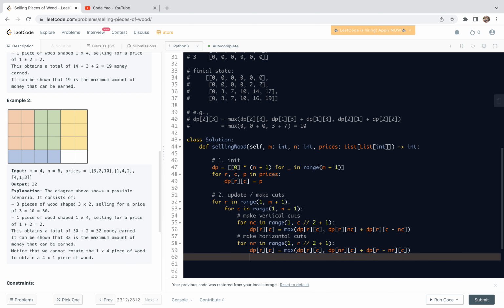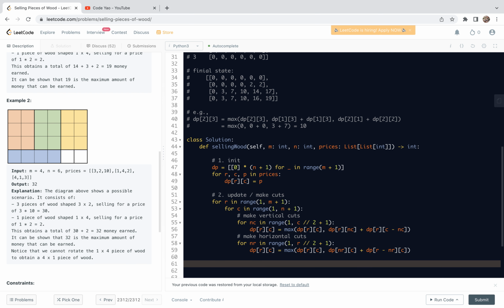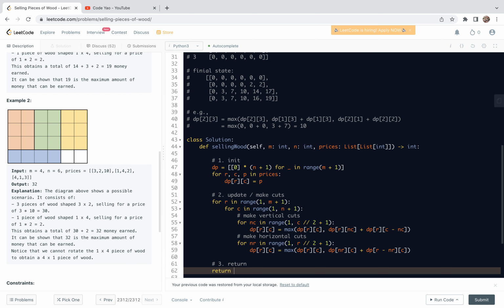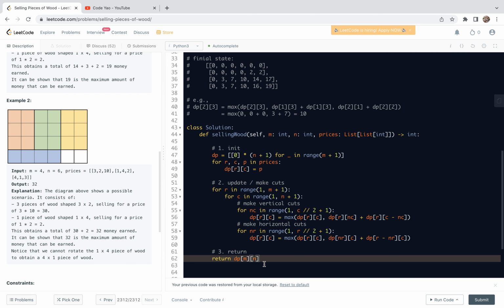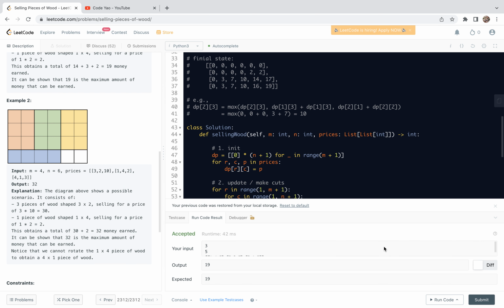In other words, we cut the r by c wood into nr by c and r minus nr by c pieces and sum their prices. Once we do all the cuts, we are ready to return the result. So let's return dp[m][n]. That's the wood of size m by n, which is required by the problem. So this is basically a solution. First we do initialization, and then we do the updates or make cuts, and finally we return the result.